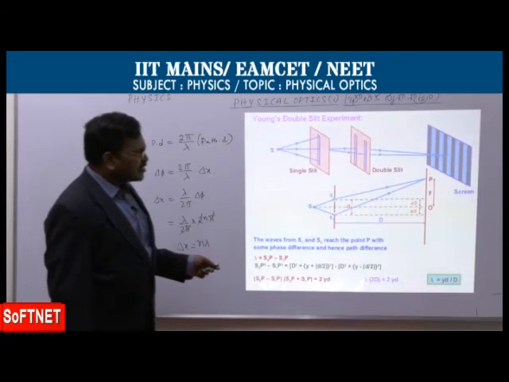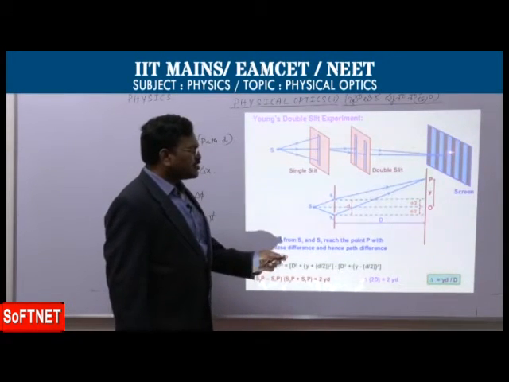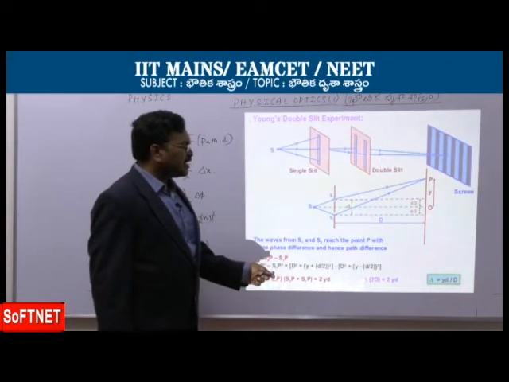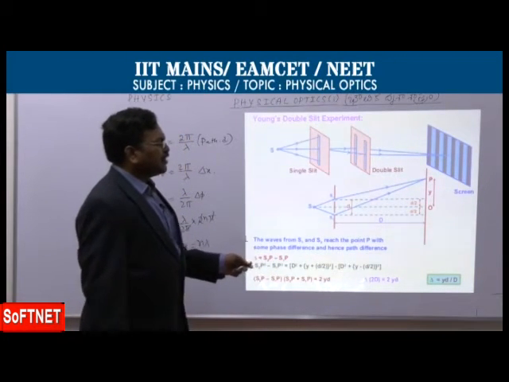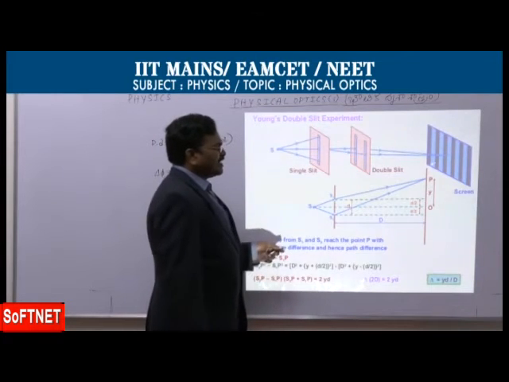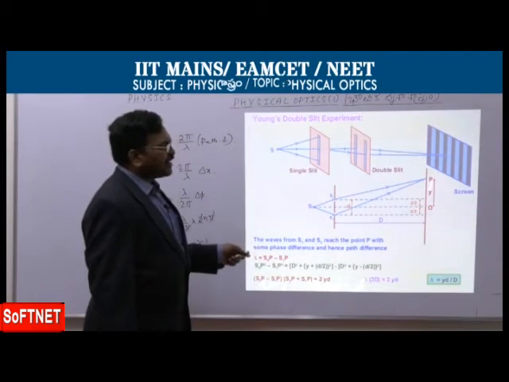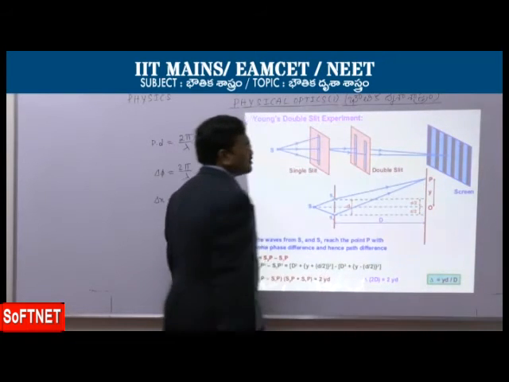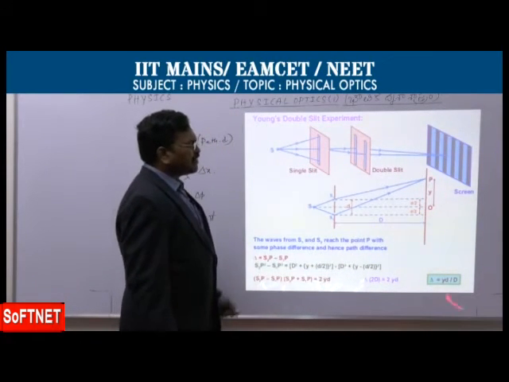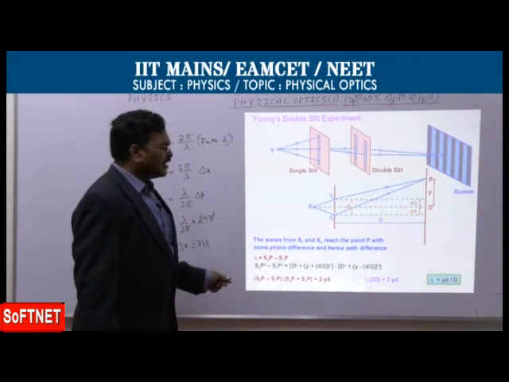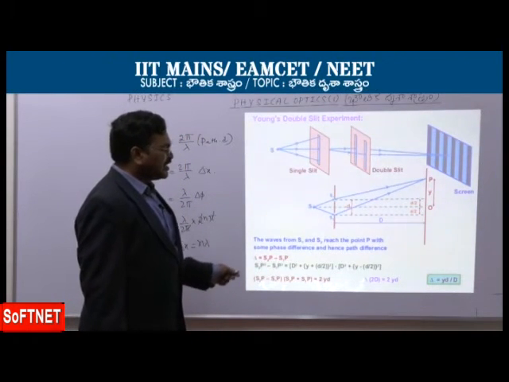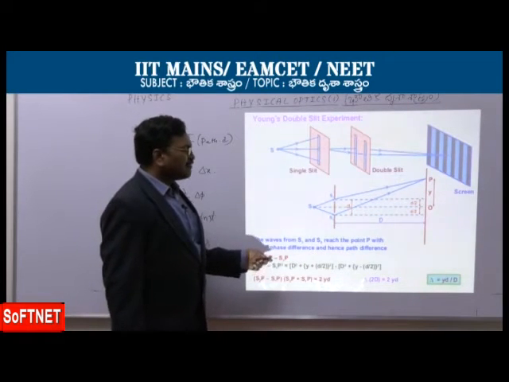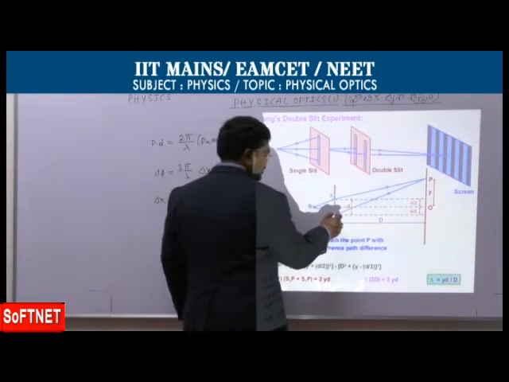Now S2P is the hypotenuse, so S2P square is equal to D square plus (y plus d by 2) whole square. Here the point P is at a distance y from the central maximum O. So S2P square is D square plus (y plus d by 2) whole square, up to here only.